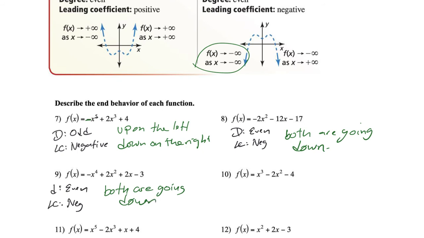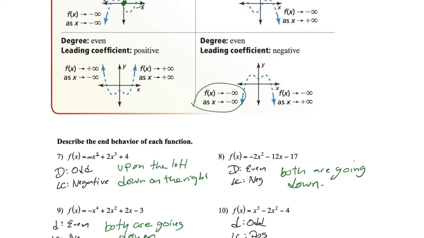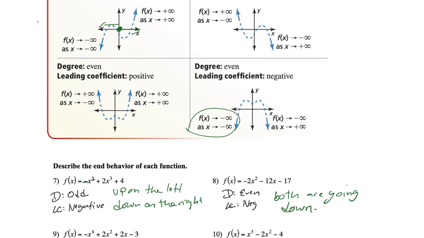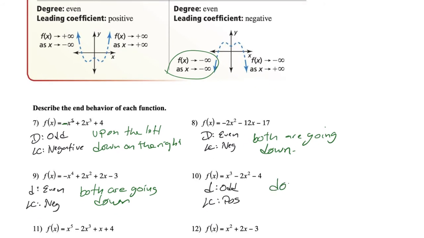Number 10, degree is odd. Leading coefficient is positive. So that means following this information it's going down to the right, up to the left.